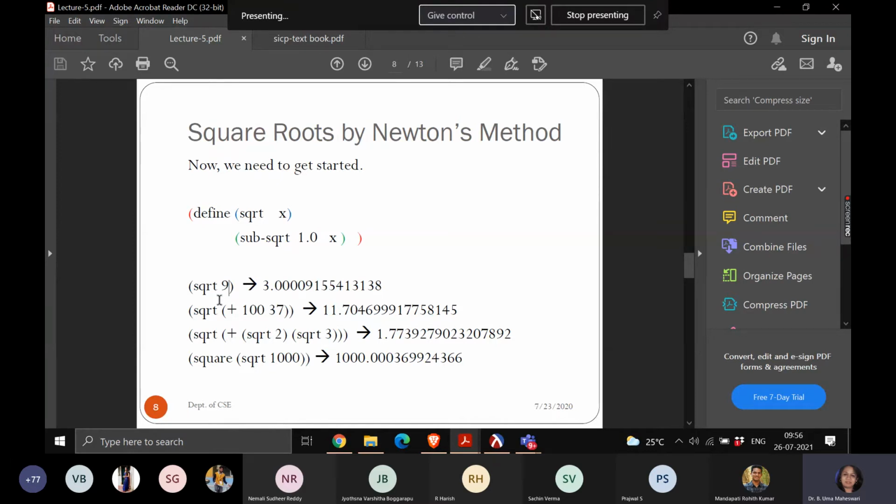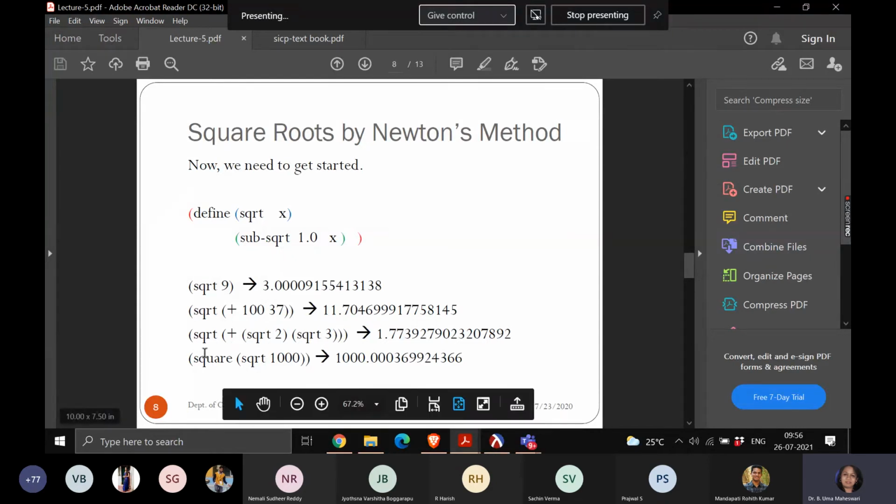For the square root function, can I use this parameter for the same function I defined? Yes, it is possible. What Lisp does is the inner bracket is evaluated and that result is passed as an argument. Can you call square root as a parameter for the same function? Say, square root of 2 plus square root of 3, and then for the result you find the square root. That is also possible.